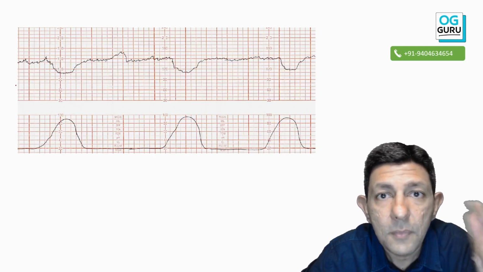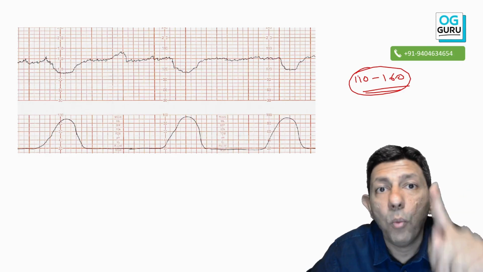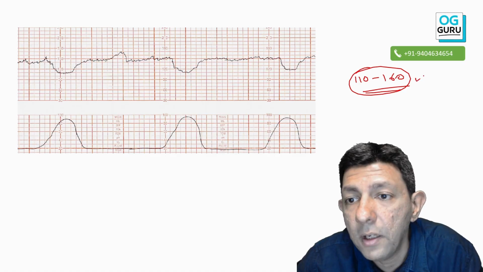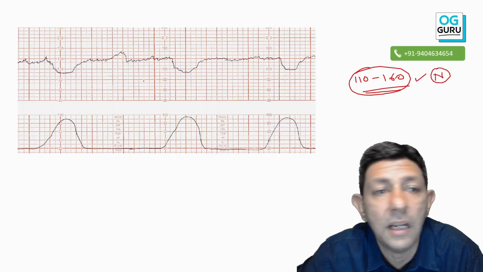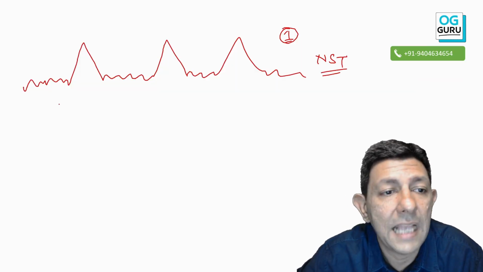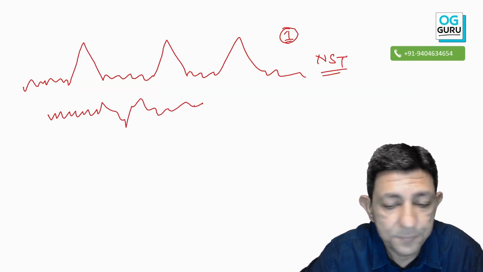Why? Because 110 to 160 is the normal fetal heart rate. 120 to 160, old criteria, wrong, okay. Please remember, 110 to 160 is considered the normal fetal heart rate, and baby heart rate will always be like a zigzag. You will always see the zigzag movement, whether going up or down, okay.